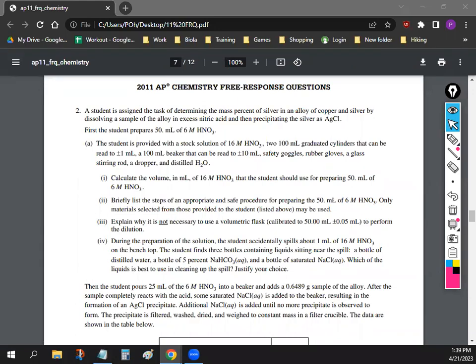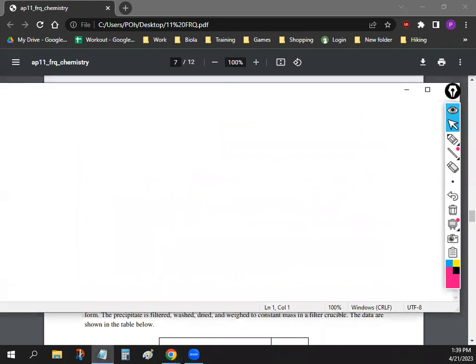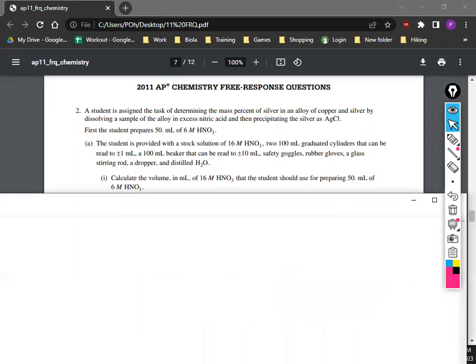All right, so let's go to number 2, guys. Number 2, the first part is pretty simple. We did a bunch of this before, so this is another dilution problem, which you guys love. And what's the formula for dilution? Yes. So you just need to plug in the values and make sure you keep track of it.